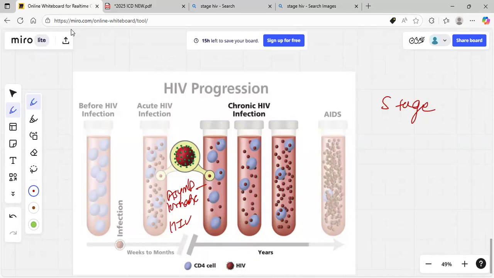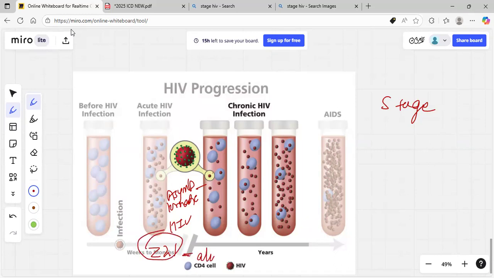However, the virus and their CD4 ratios are equal, so hence the patient is not getting any symptoms for that. The code for asymptomatic HIV is Z21. Whenever the patient has asymptomatic HIV, we have to use the Z21 code.